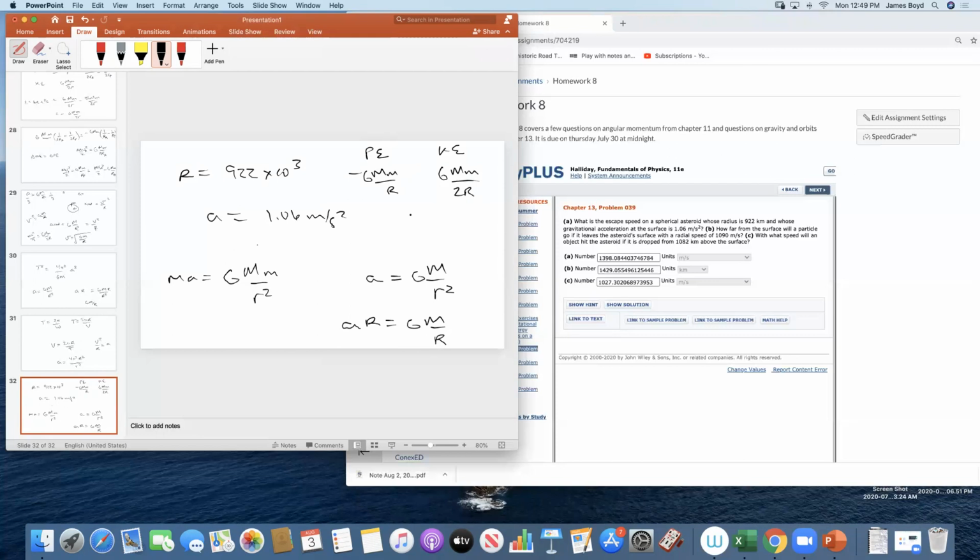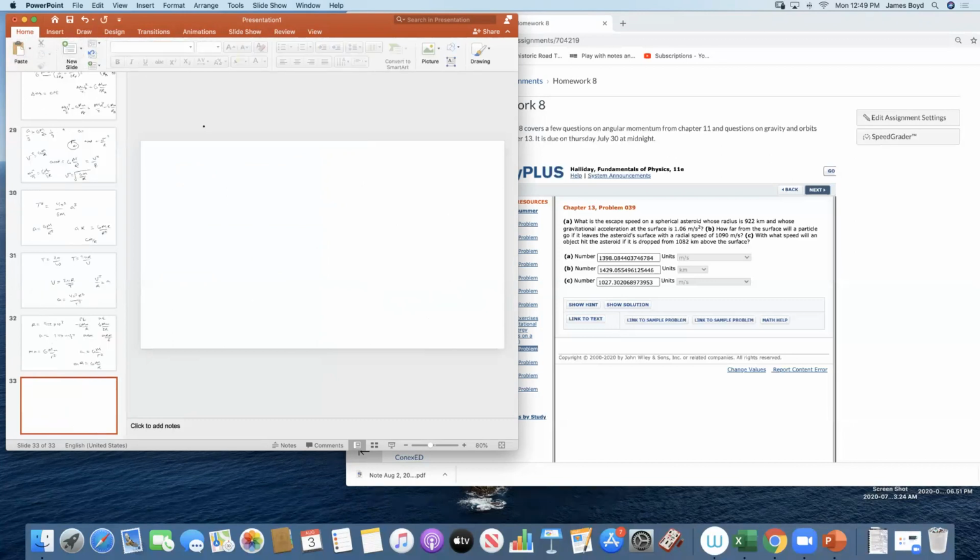And so what I can see here is that this is actually a times r times m, and this is actually a times r times m over 2, okay? Now, I don't need the little m, and I'll show you why in a second. But remember that you can write energy 1 and energy 2.